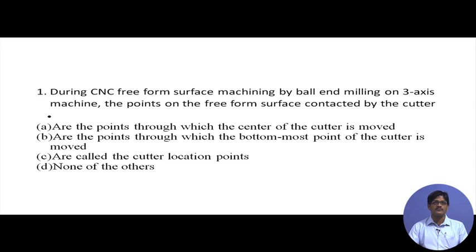Bottommost point might well not be tangential to these points on the freeform surface in all the cases. So, this is also not correct. These points are called the cutter location points. Not correct. Obviously, they are the cutter contact points. So, the answer is none of the others.